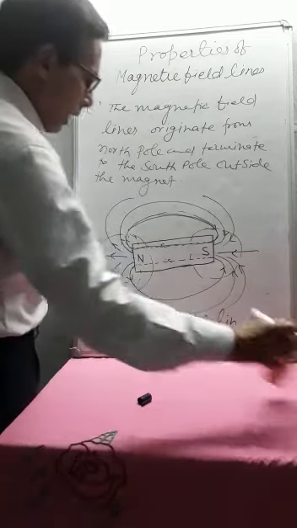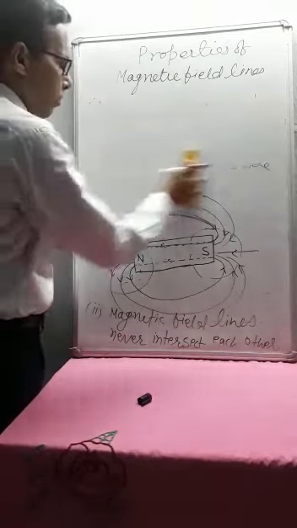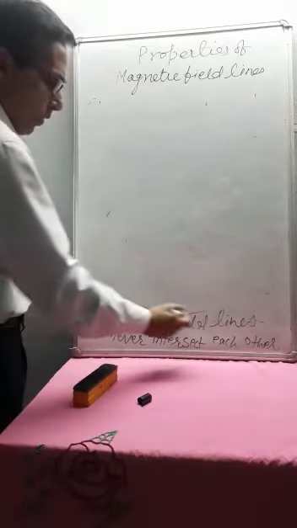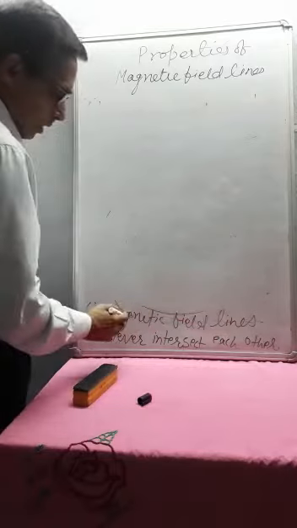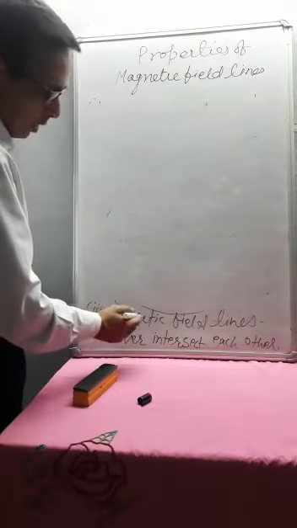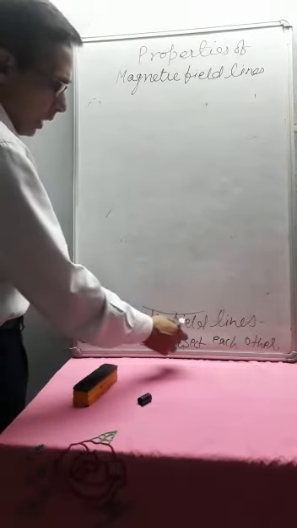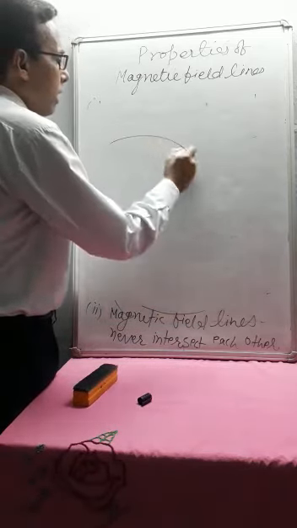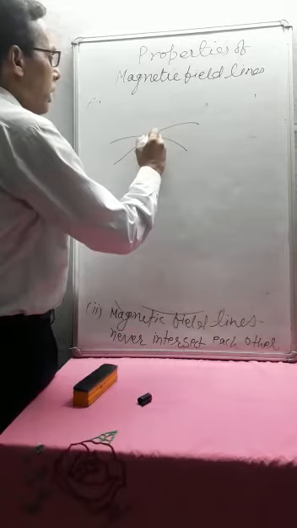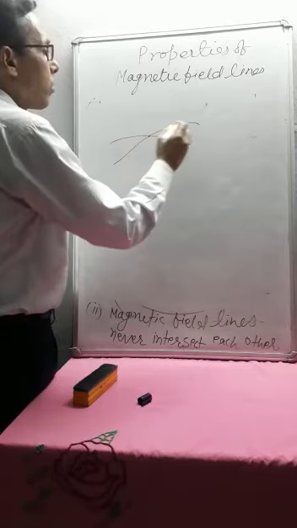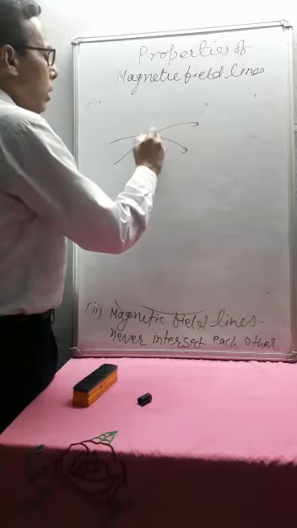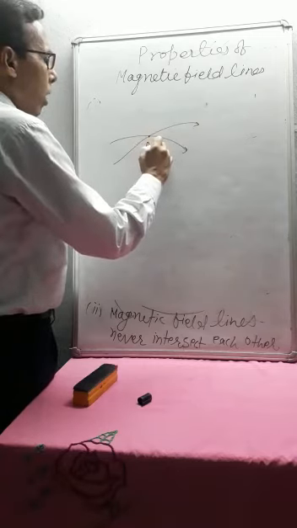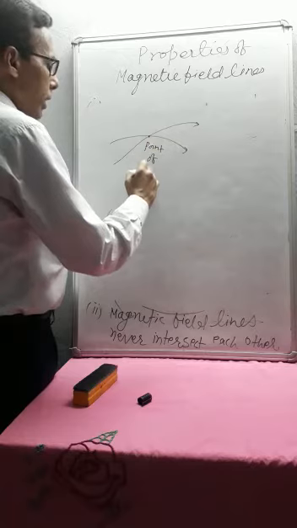Now one question arises here. Why two magnetic field lines never intersect each other? Here the second point, magnetic field lines never intersect each other. Suppose two magnetic field lines intersect at this point. This is the point of intersection.